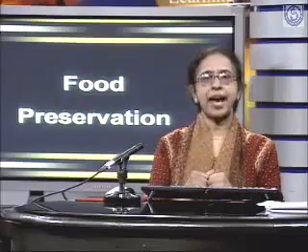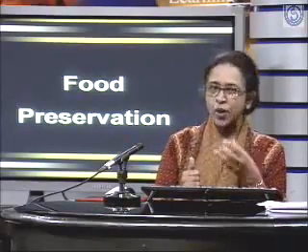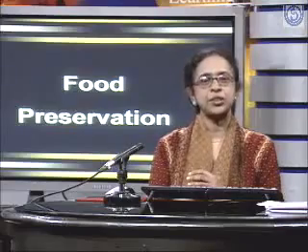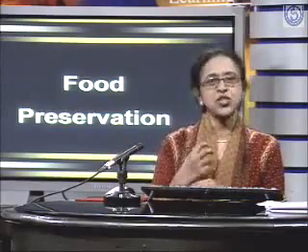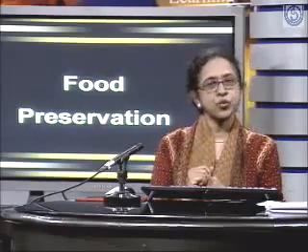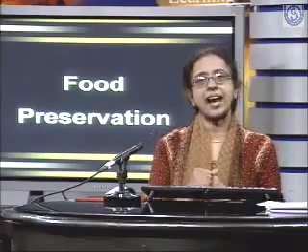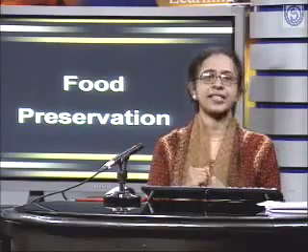Now the fourth one that the slide talked about is basically the use of acids. Now what do we mean by acids? Here again we have acidic foods, we all know, which taste sour. For example, lemon or orange, tomatoes. These are all foods that naturally contain acids. And it's very interesting to see that some of these foods, if the proportion of acid is high enough, don't spoil as easily as foods which have low acid content.